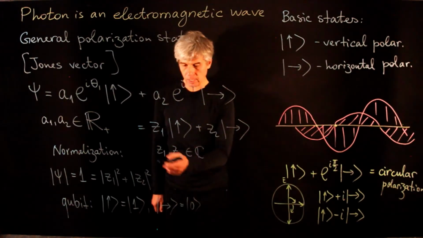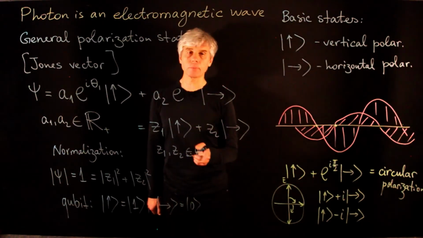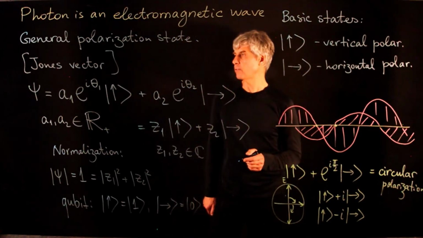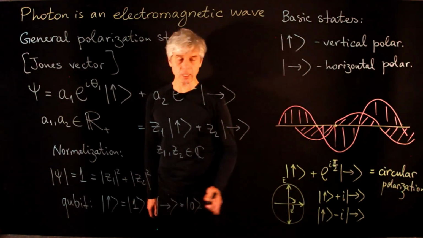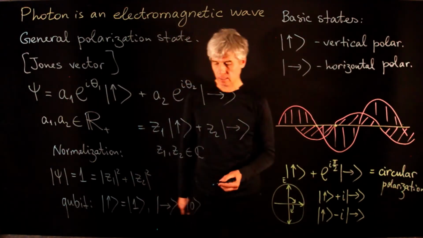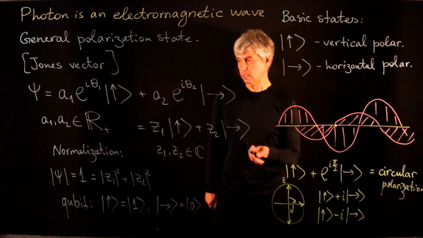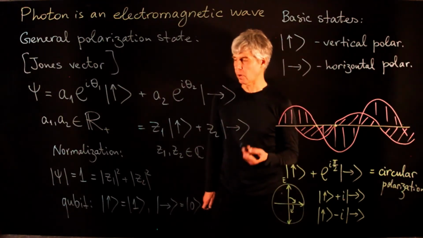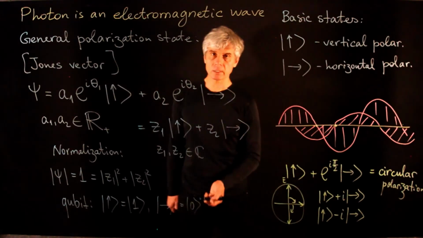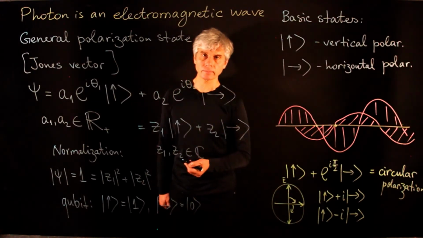So this general polarization state of a photon can be taken as a qubit, and it is, in theory, possible to build quantum computers based on photons.